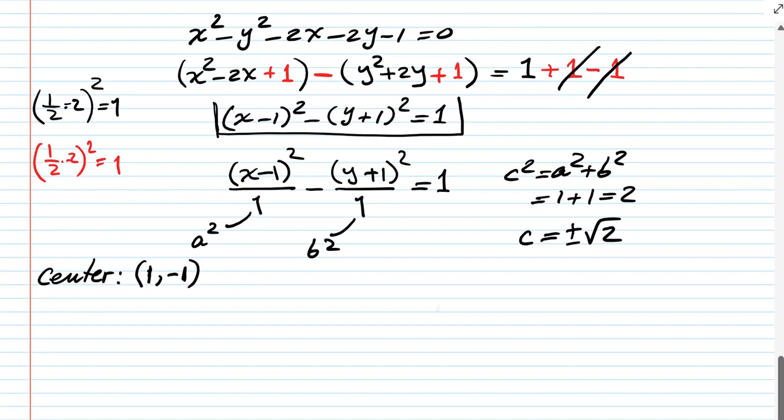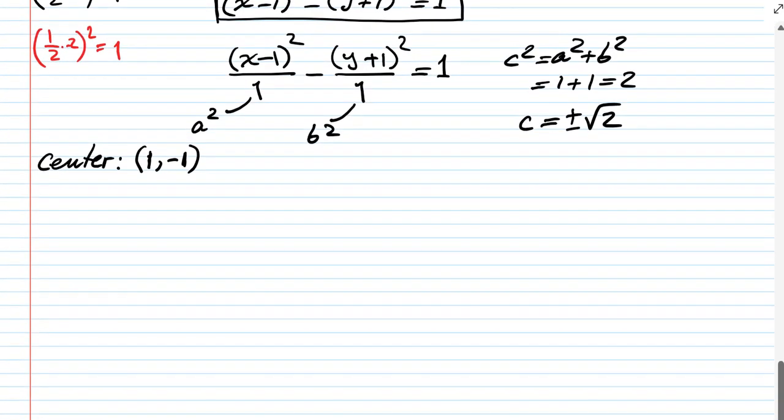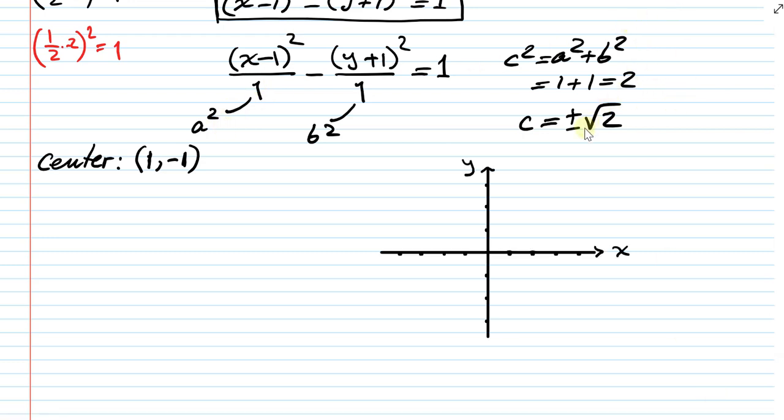What else? Oh, let's go ahead and graph this, and we'll answer everything else from the graph. Let me again bring my coordinate system first. And here's my coordinate system. Now the center of this one is at 1, -1. So here's 1, -1. That's where the center is.